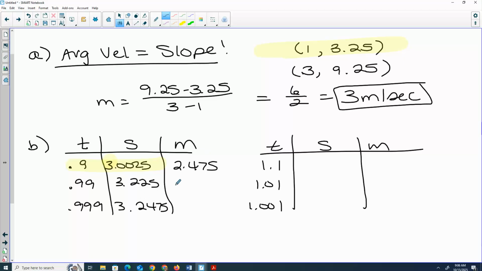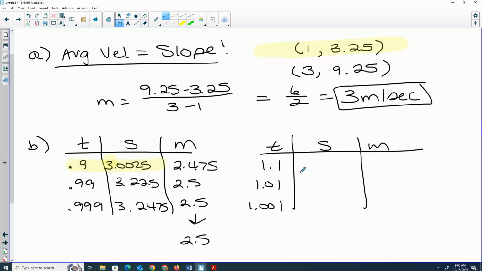This one gives me 2.5. This one is also 2.5. So what does it appear this table is approaching? 2.5. But we know it's not enough. We had to check both directions.